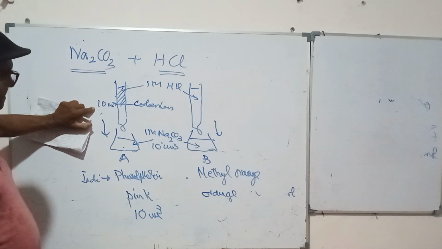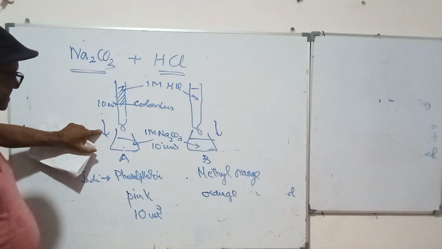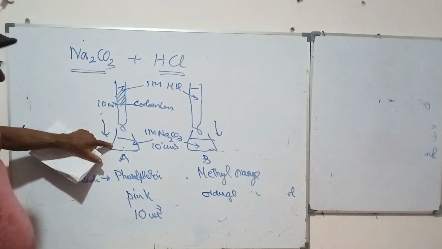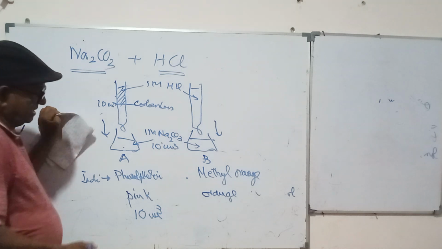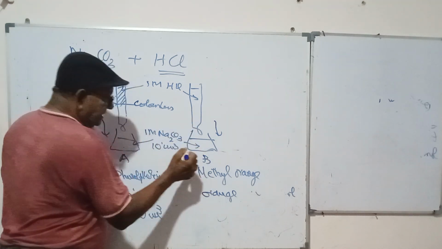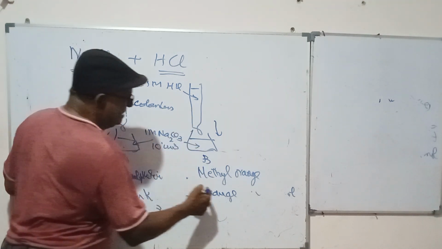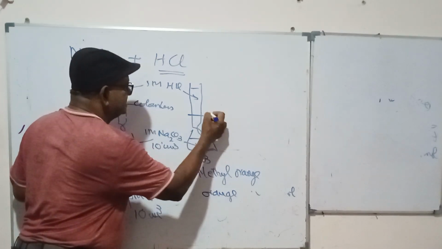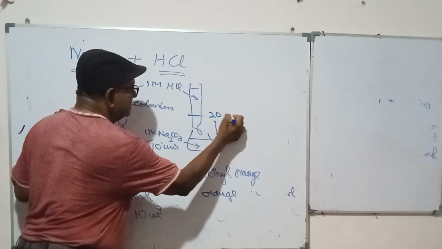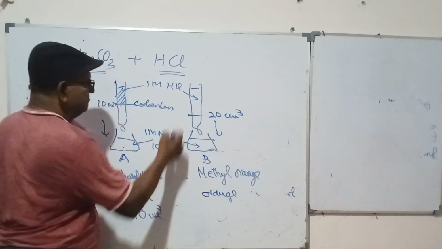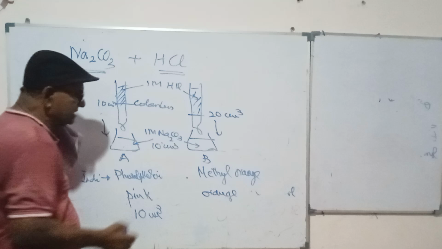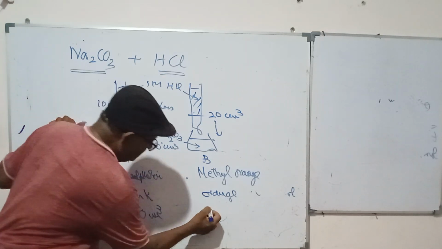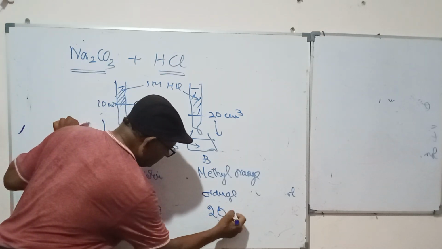During the addition of 10, it becomes colorless. The reaction gets completed. But in titration B, to change the orange color to red color, it needs 20 cubic centimeter of HCl. 20 cubic centimeter of HCl, right?